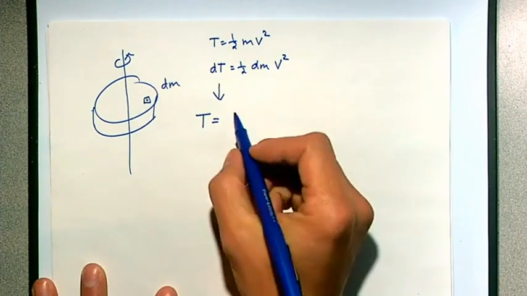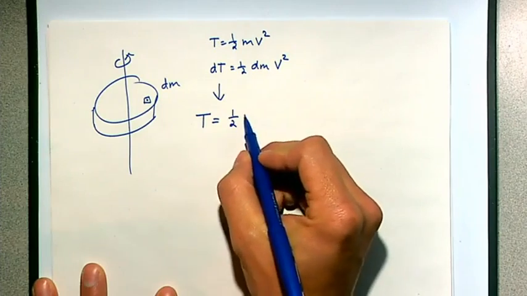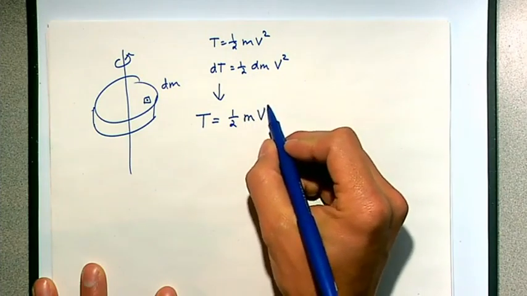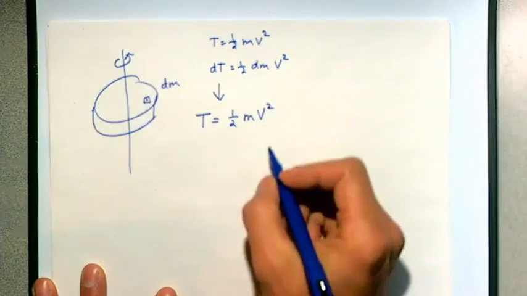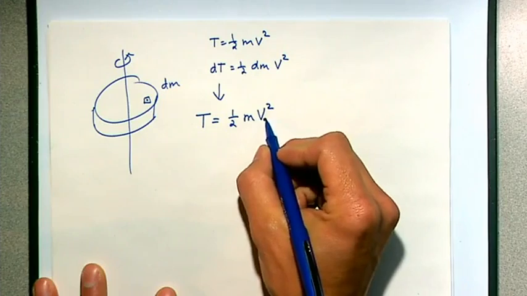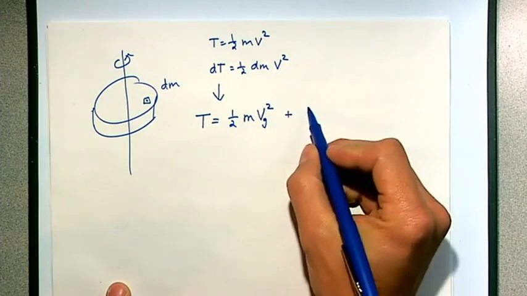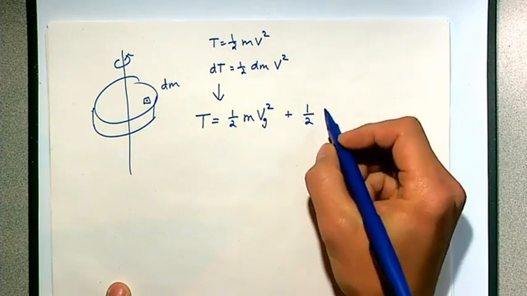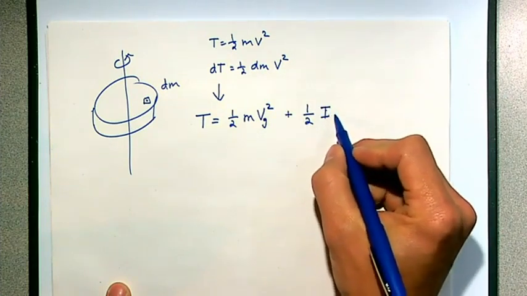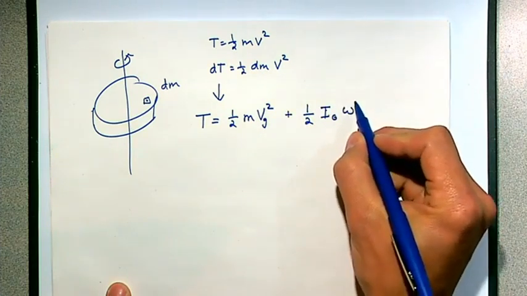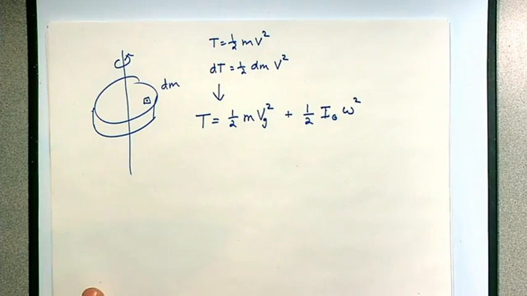We would have something that looks like we had before: half m v squared, and I'm going to put a little g there. Half mass times the velocity at the center of gravity squared, plus, now we're getting the rotation part, half moment of inertia about g omega squared.